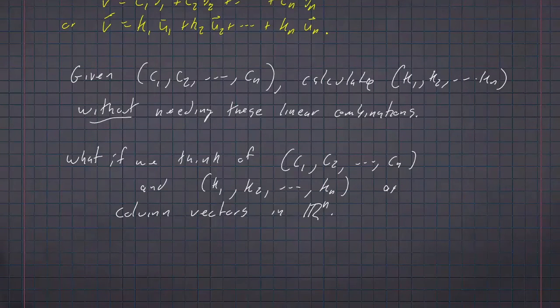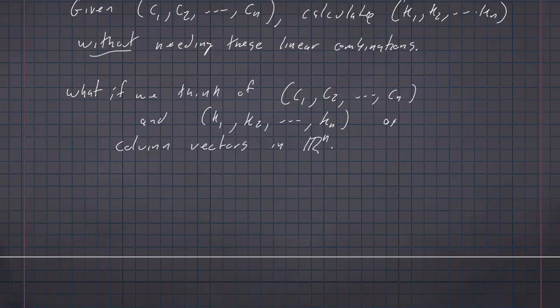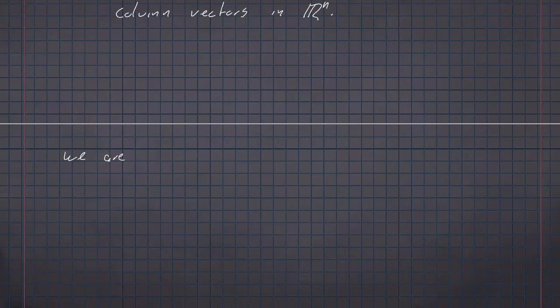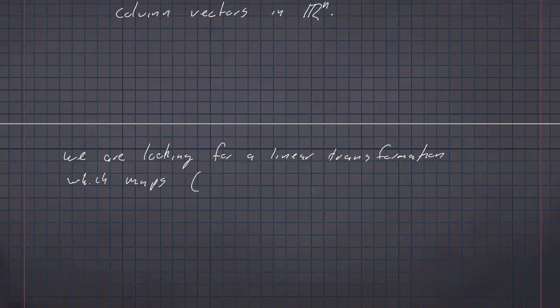And by knowing that, we can rephrase this question as looking for a linear transformation which maps, let's shorthand that now, the C1 through to Cn is vector V in terms of basis B, and we want to map that to vector V in terms of basis U.